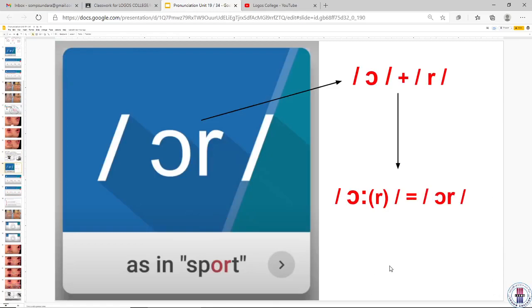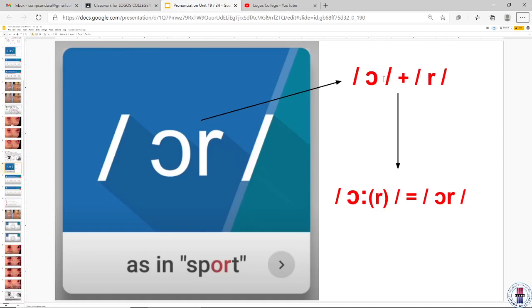Okay, let's move on to the next sound in this unit, and it's the or sound, as in the word sport. The or sound is actually two sounds, and you combine them to make the R-colored diphthong sound.